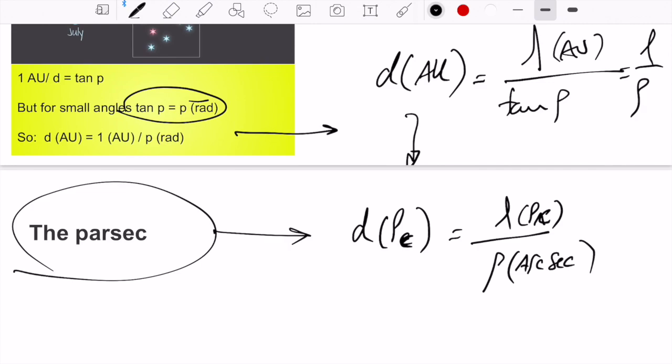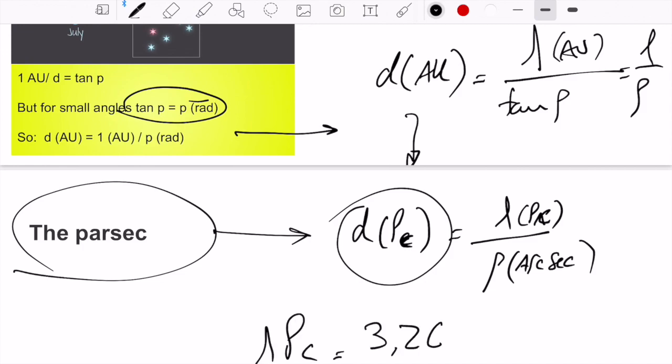An arc second is a very tiny angle, and that will give you a distance in parsecs. For you to have an idea how big this is, 1 parsec is equivalent to 3.26 light years. This is given in the data booklet, right?